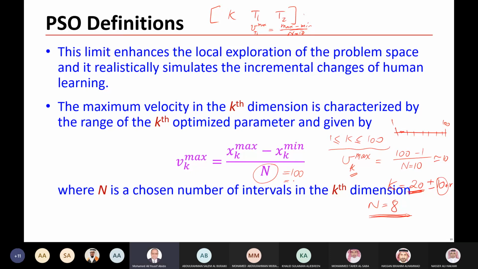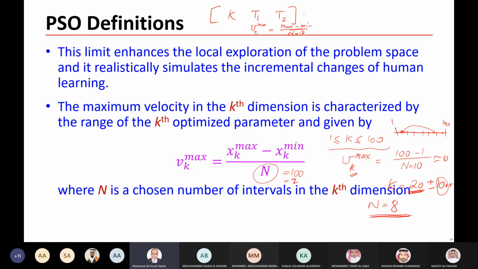If n is very low, 2 for example, that means you allow a particle to fly to the other direction, to a very far position, which is not healthy. At that time, it becomes like a random search.